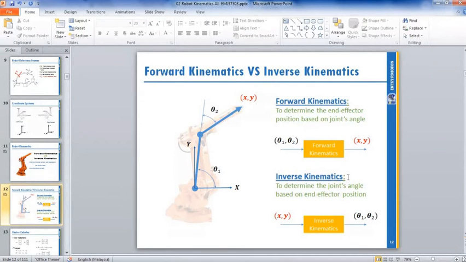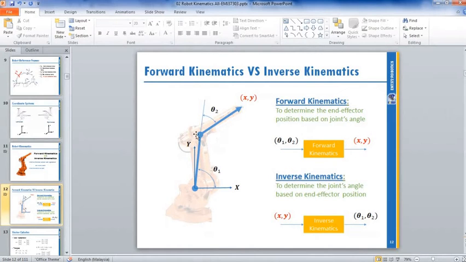We want to find the gripper position and orientation after we rotate each of the motors. Based on the encoder reading, we know the angle of each joint. We put it into the kinematics, homogeneous or DH method, and we can define the position.